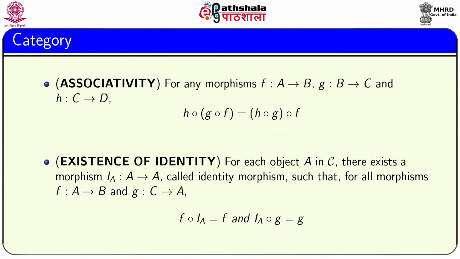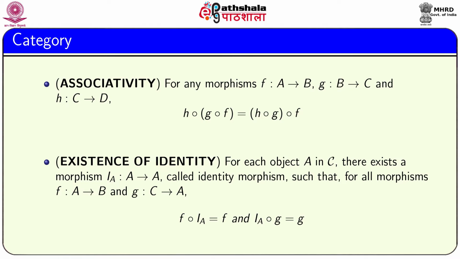First one is associativity, that means for any morphism f in Hom(A,B), any morphism g in Hom(B,C) and a morphism h from Hom(C,D), we must have h∘(g∘f) equal to (h∘g)∘f.